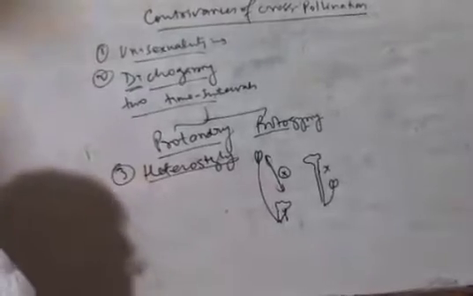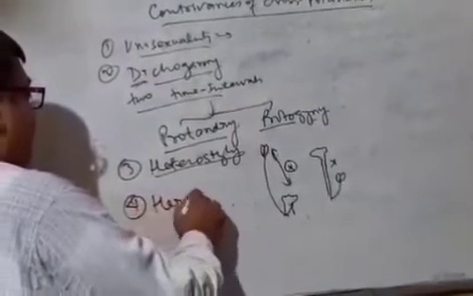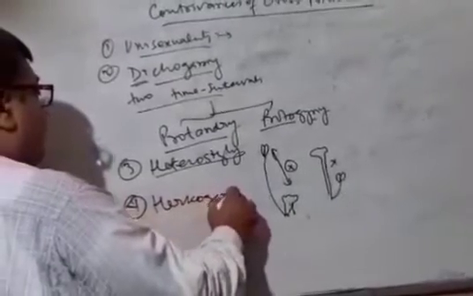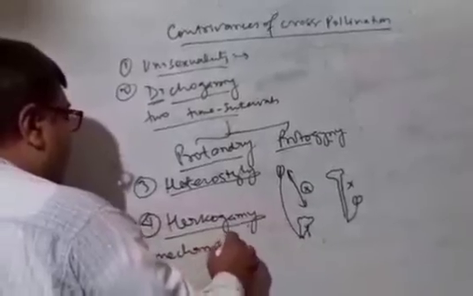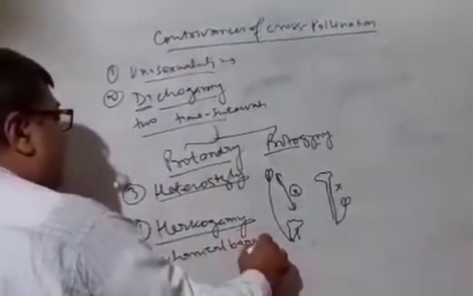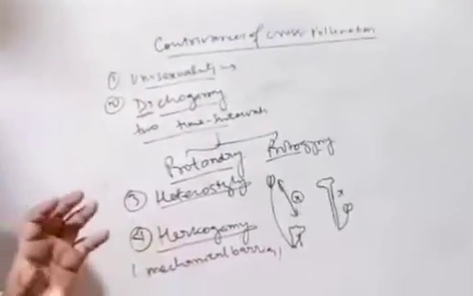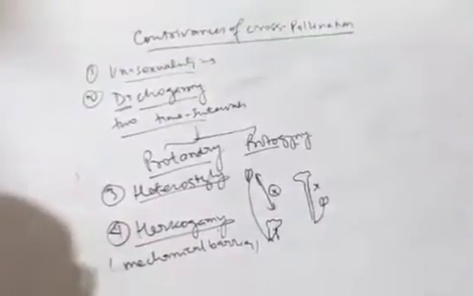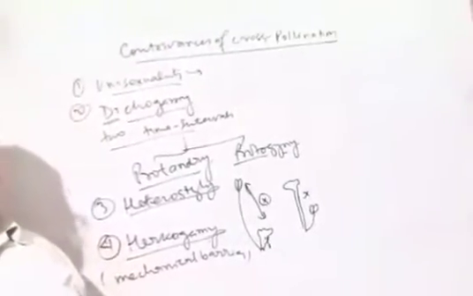And the last one is hercogamy. Hercogamy is a mechanical barrier. Some plant part comes between the male and female reproductive organs in the flower, so one reproductive organ is completely covered from the other.